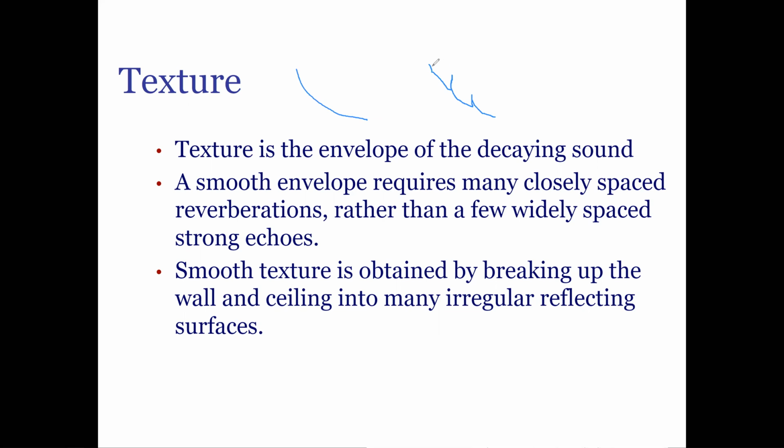But if you build a room that's, say, got nice parallel walls where sound can bounce back and forth between them, what you might end up with is a situation where it starts to decay and then you get that big strong echo, and then it starts to decay and you get a big strong echo, and so on and so on. So this type of situation where we have a nice smooth decay, that's good texture. Something where we have distinct echoes that pop in, this is poor texture.